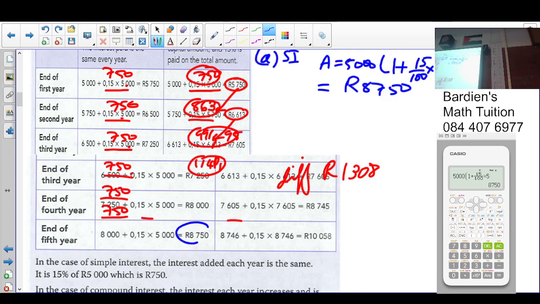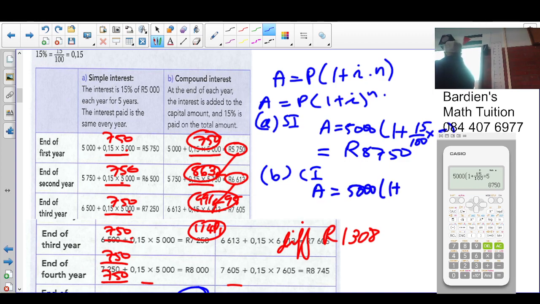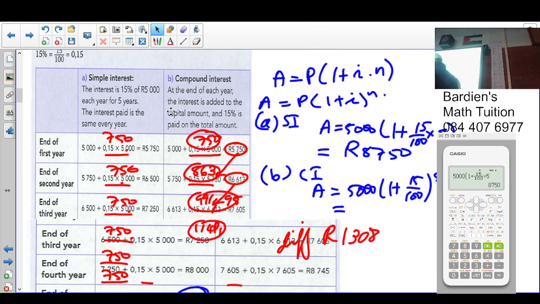Can you see? That's the final amount here. And because we rounded off the compound interest rate, it will be a bit up. Not much. But your formula here is A is equal to P, which is 5,000 rand, into 1 plus I, which is 15 over 100, to the exponent 5. You work that out.